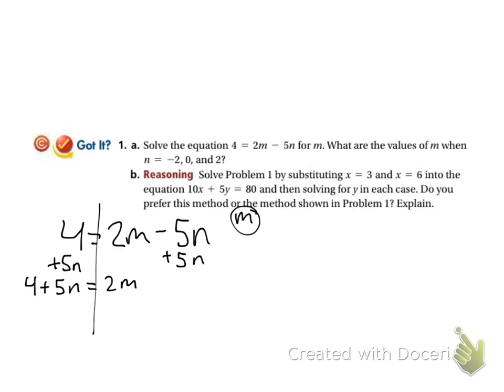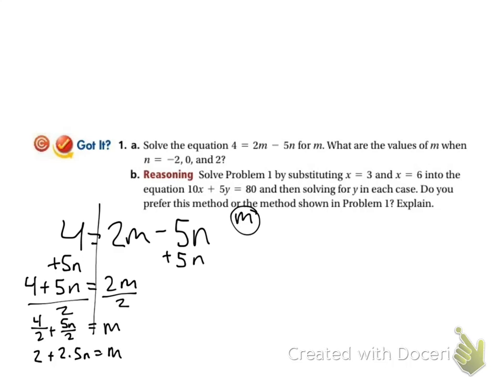And then I need to get rid of that 2, so I'll divide by 2. And I can split up that 2 to go to the 4 and to go to the 5n. So I get 2 plus 2.5n equals m.